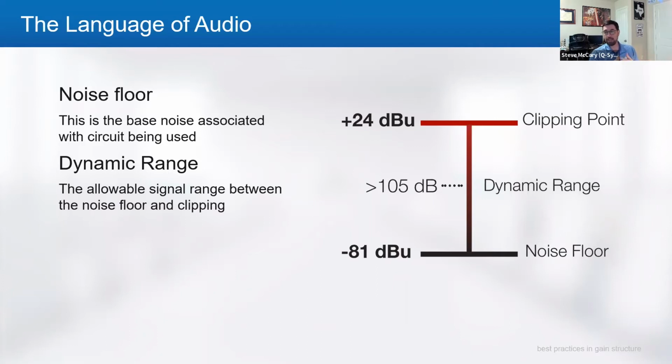The reason for that is we're considering negative 81 dBu to be the max of the noise floor. But if that noise floor actually drops down, negative 83 or negative 85, you would actually get a bigger dynamic range. So we typically just find the maximum value of the noise floor and then work backwards from there. So in this instance, we would have around 105 dB of dynamic range.